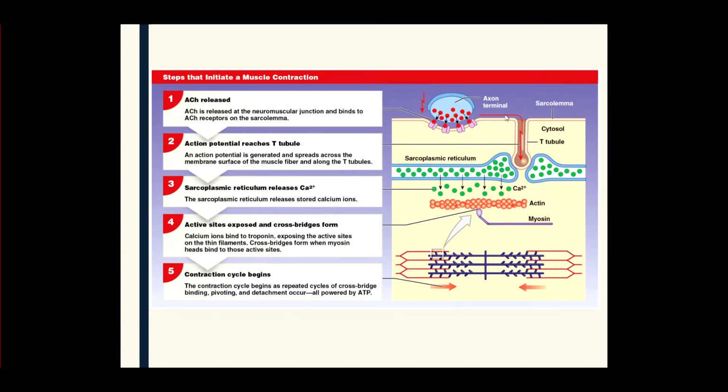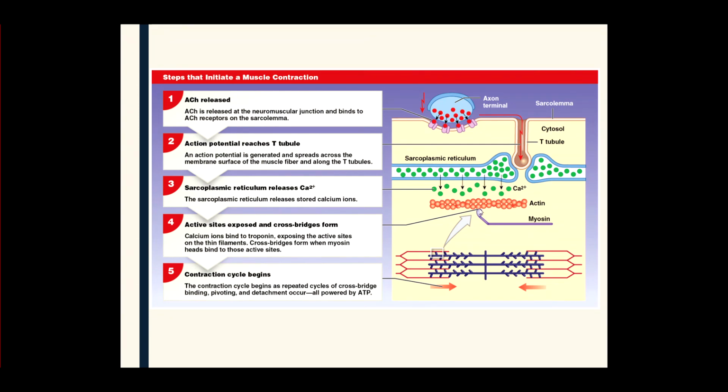The action potential travels down the T-tubule. Once it comes down the T-tubule, it stimulates calcium release from the SR, the sarcoplasmic reticulum. Once the calcium is released, it binds to troponin. It pulls away the tropomyosin, exposing the active sites, and now the cross bridge can happen.